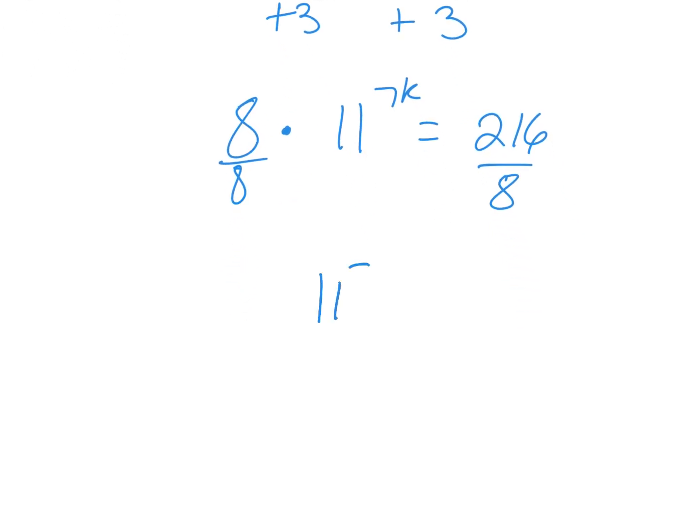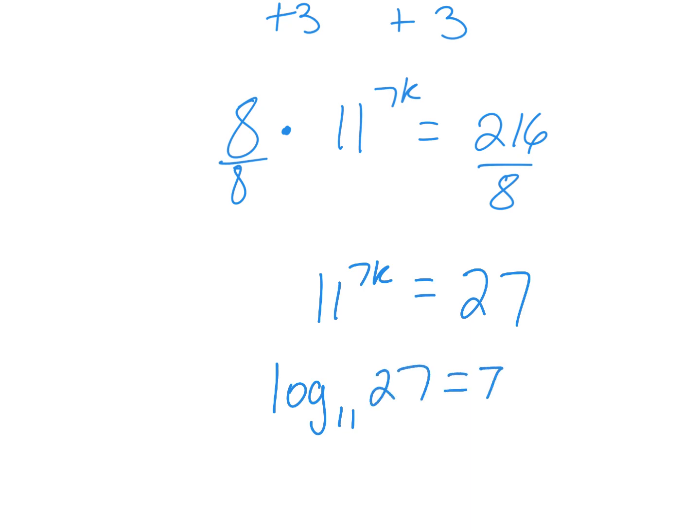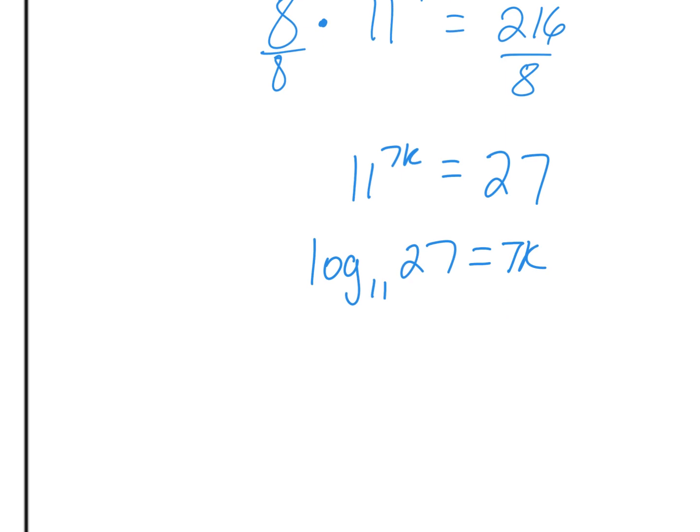And then that would give you 27. So then you would take log base 11 of 27 equals 7k. 7k, the exponent. Okay.